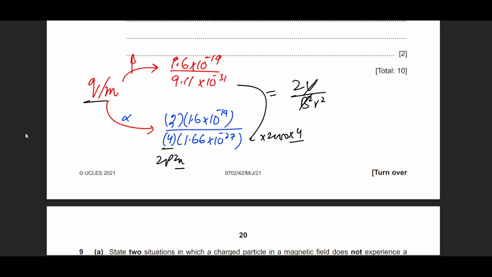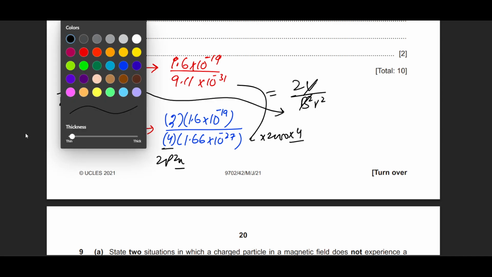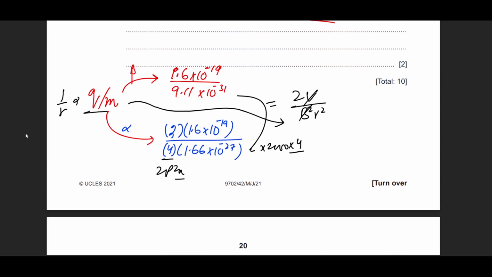So this actually comes down to an inverse relationship with 1 over r squared. Now the value of alpha's q by m is much smaller, because in terms of mathematics, whatever answer this may be, it will be much smaller in comparison to this.